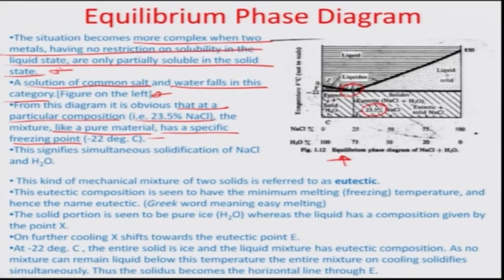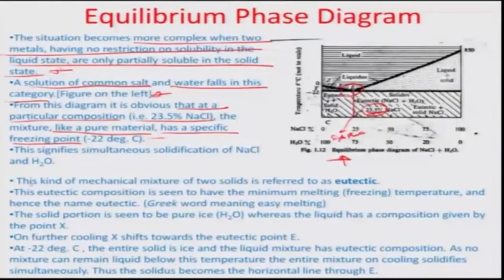That means there is a transition directly from the liquid into the solid state without any intermediate state, and whatever is formed here is a single phase or a single structure of the material. This corresponds to only a certain percentage, about 23.5% of salt, beyond which the excess salt will come out of the crystal.